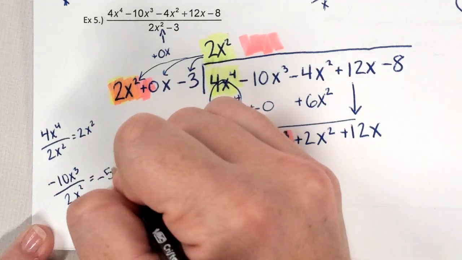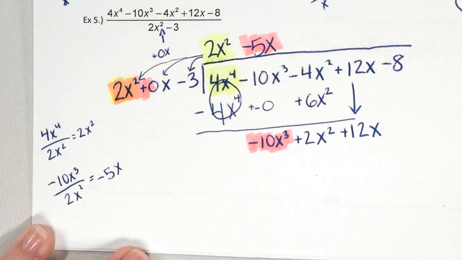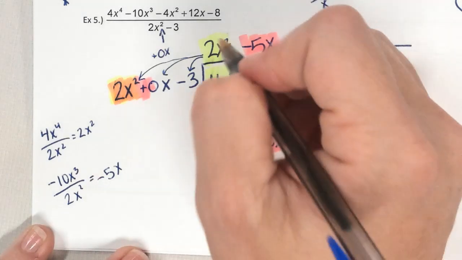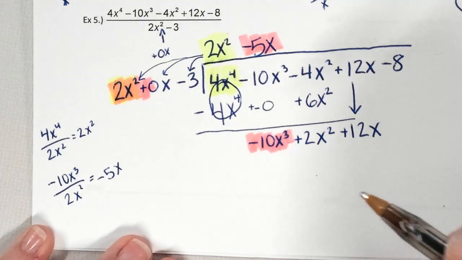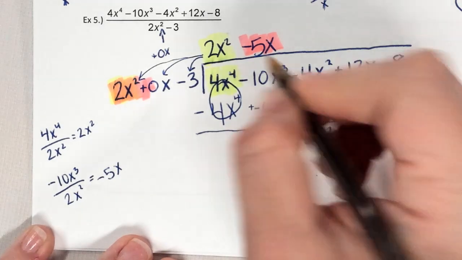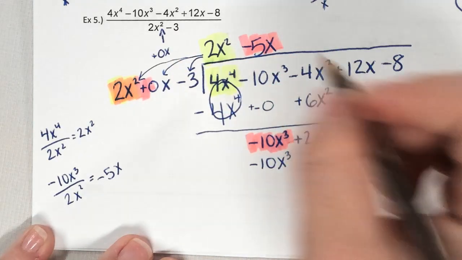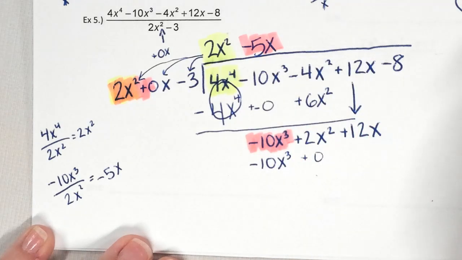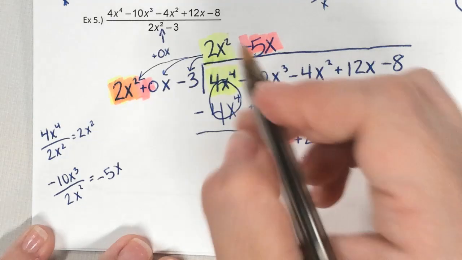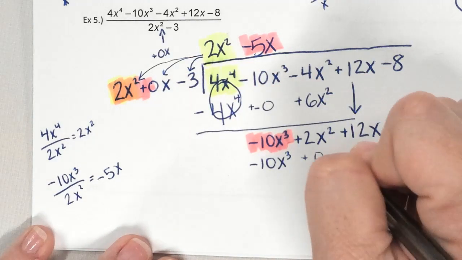So 3 minus 2 is 1. So negative 5x times 2x squared. Well, negative 5 times 2 is negative 10. X times x squared is x cubed. Negative 5x times 0 is 0. And negative 5x times negative 3. 2 negatives makes positive 15.